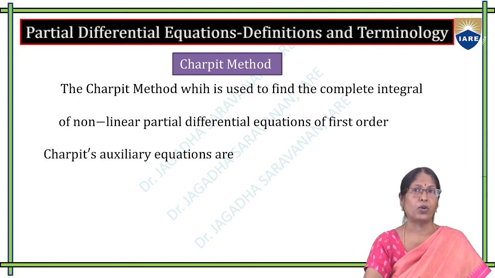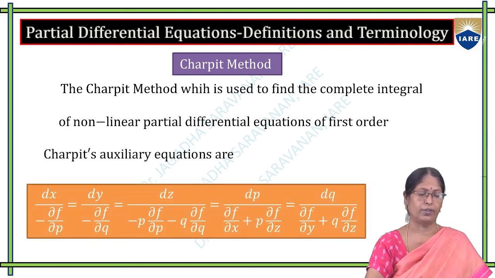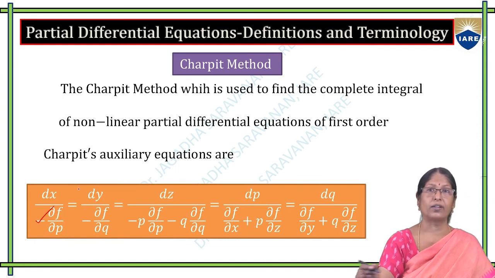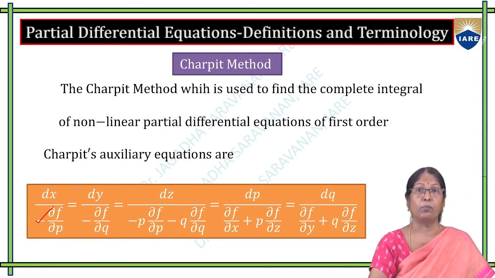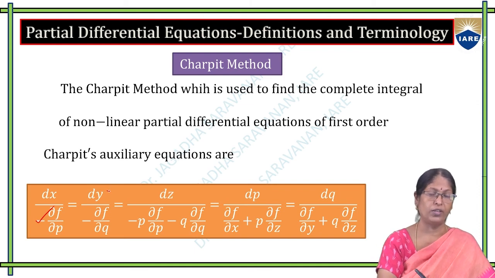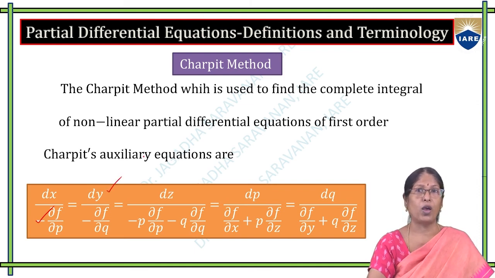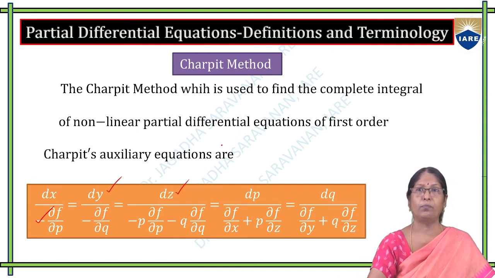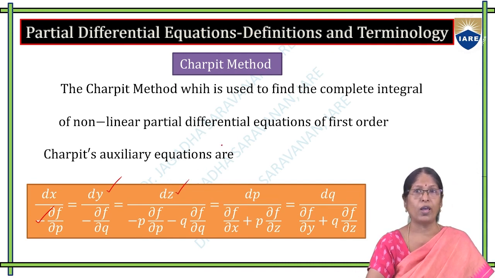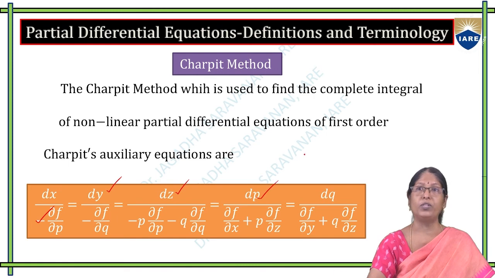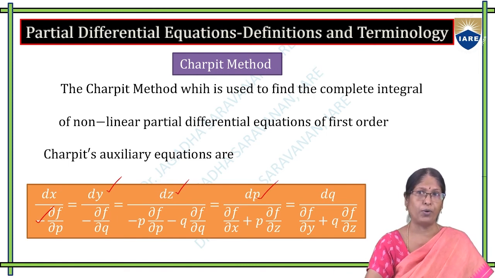Charpit's auxiliary equations are, we can say here, dx by minus dou f by dou p, which is equal to dy by minus dou f by dou q, which is equal to dz by minus p dou f by dou p minus q dou f by dou q, which is equal to dp by dou f by dou x plus p dou f by dou z.